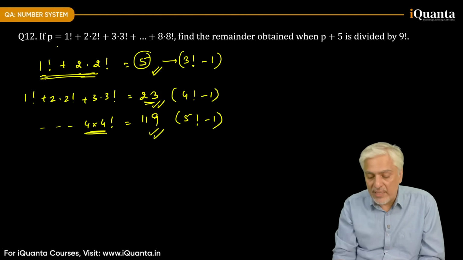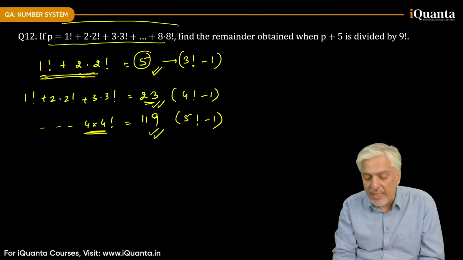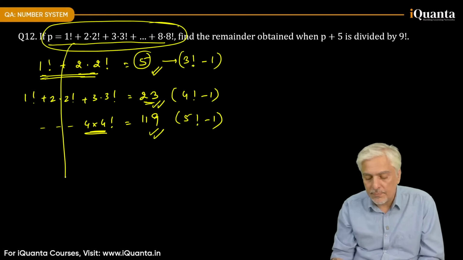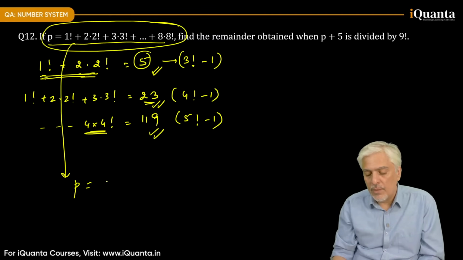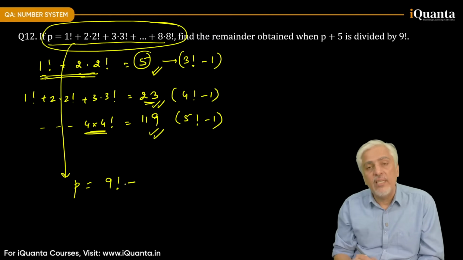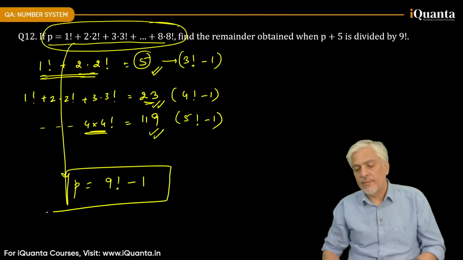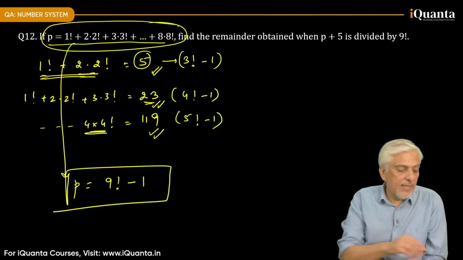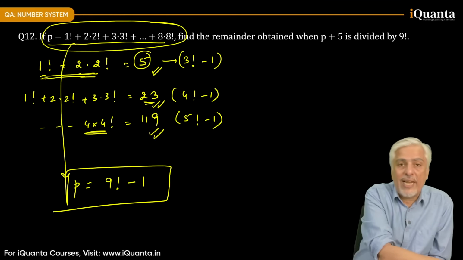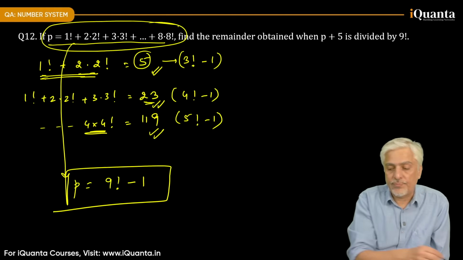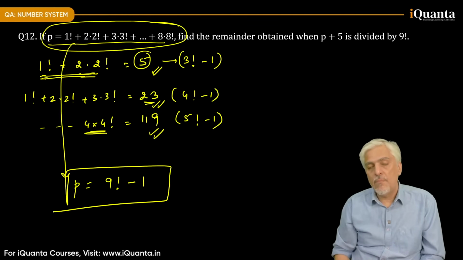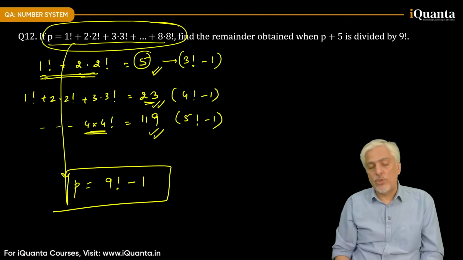So that means the value of P will be 9 factorial minus 1. ये पैटर्न वाला थोड़ा क्लिक होने को टाइम लगता है तेजस्वनी, but you will get used to it. So P is 9 factorial minus 1.